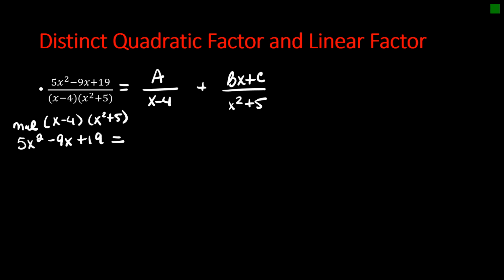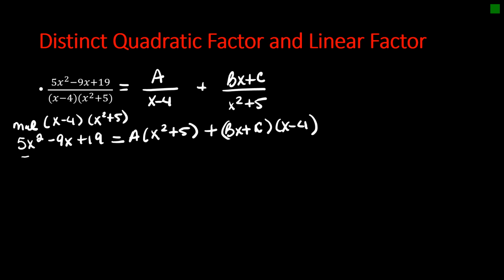For A over x minus 4, the x minus 4 goes away, and we're left with A times (x squared plus 5). In the second expression, the x squared plus 5 cancels, and we're left with the numerator Bx plus C times (x minus 4).